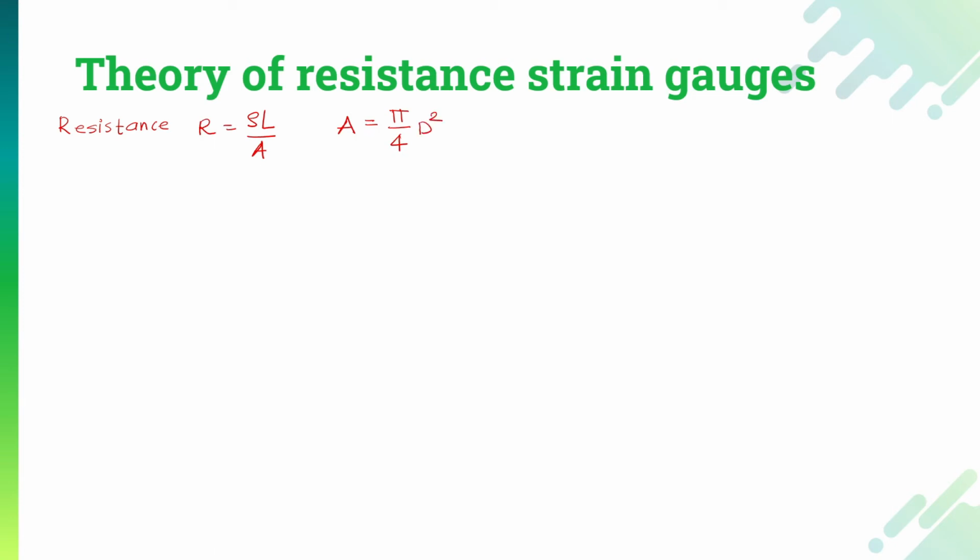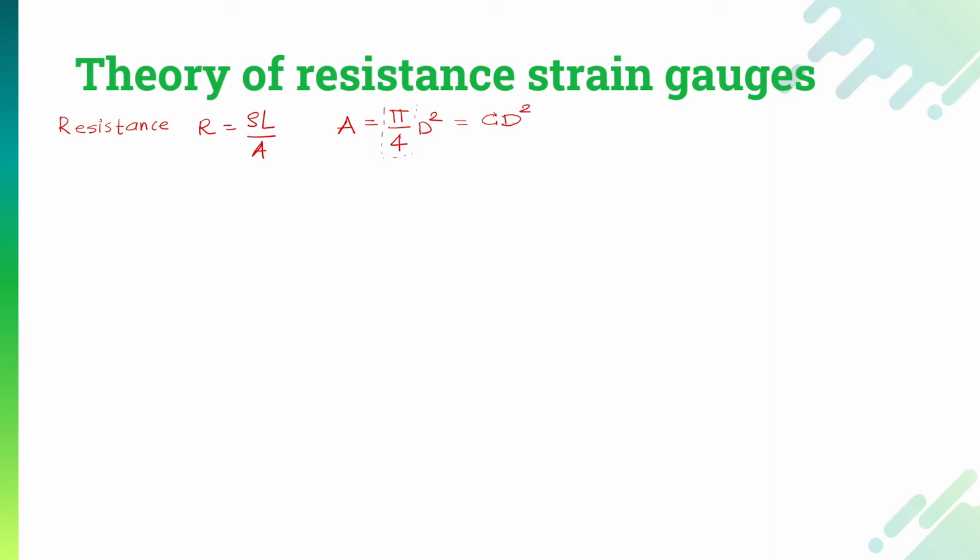Okay, so this is the equation that we are having. As pi by 4 is a constant value, I am going to write capital C as a constant into d square over here. So C represents the pi by 4 value, and this is d square as original.